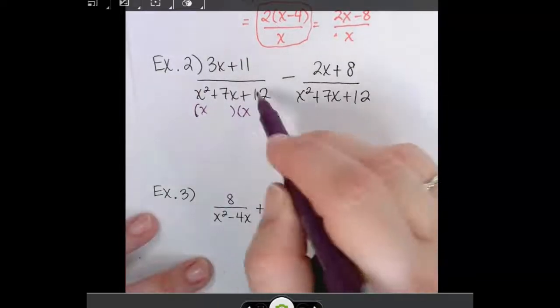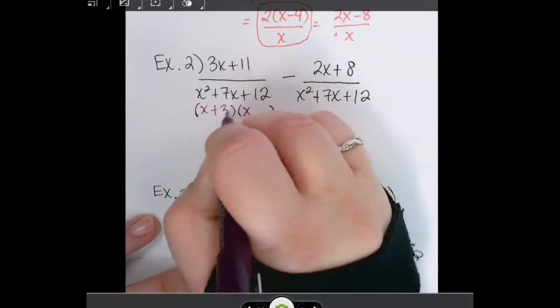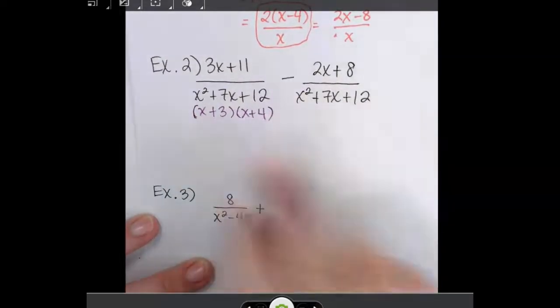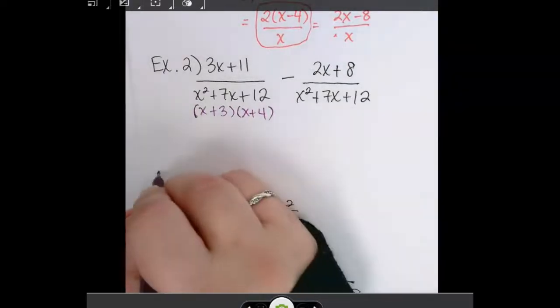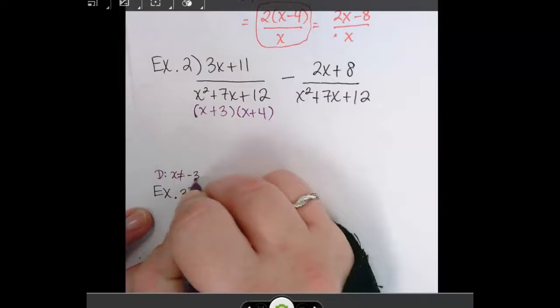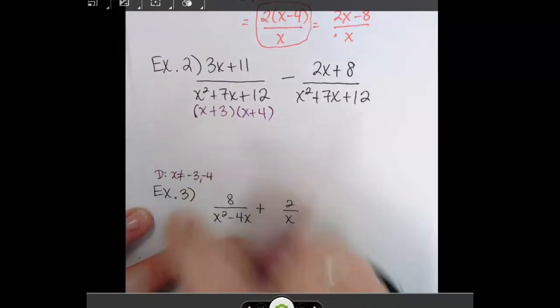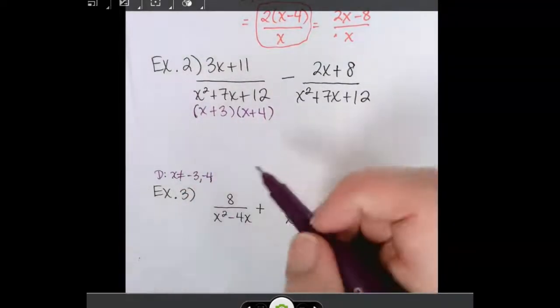And then the two numbers that would multiply to 12 but add to 7 would be 3 and 4. And obviously this denominator would factor the same way. So we have x plus 3, x plus 4, which would mean that in our domain, the x values are not allowed to be negative 3 or negative 4, because both of those would make one of the factors 0.